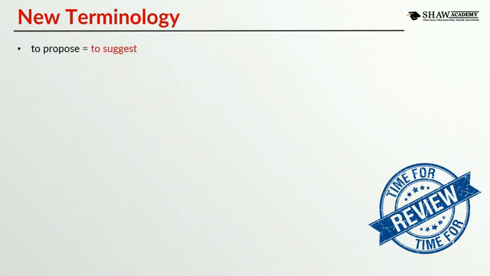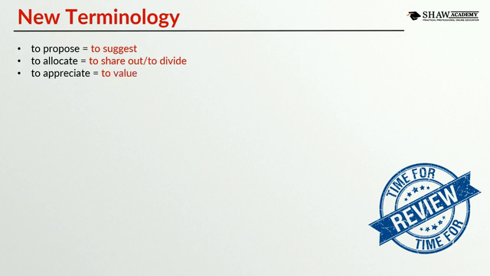Okay, and we have a lot of new terminology, so let's get through this. To propose is to suggest. To allocate means to share out or to divide. So to allocate responsibilities among your team is to share them out, to divide them out. To appreciate is to value. To observe is to watch.